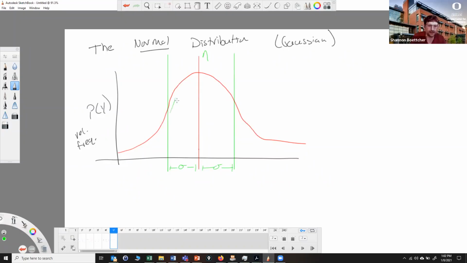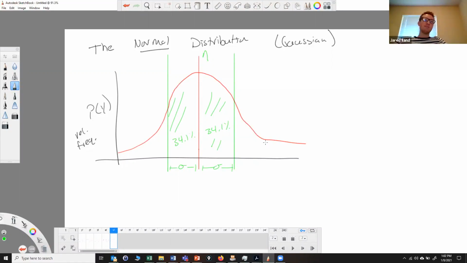If I integrate this, it's going to be 34.1%. So that's how much area is under that curve. So within plus or minus one standard deviation, what's the chance that if I make a random measurement, and this is my population, it's a Gaussian, I'm going to get a measurement that's within one standard deviation of the mean? 68.2%, right?